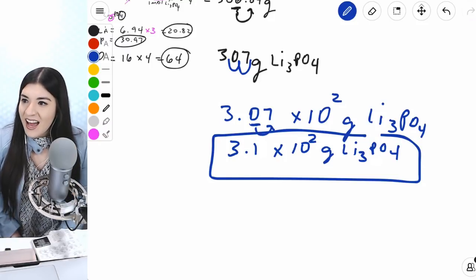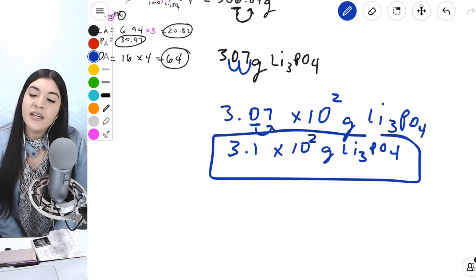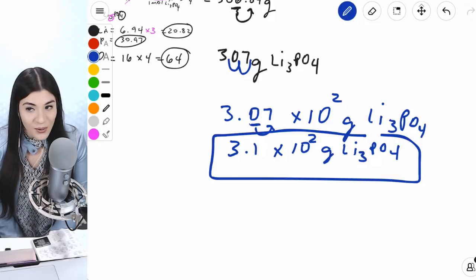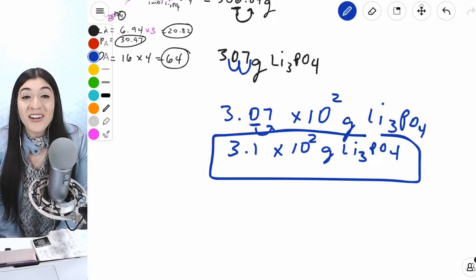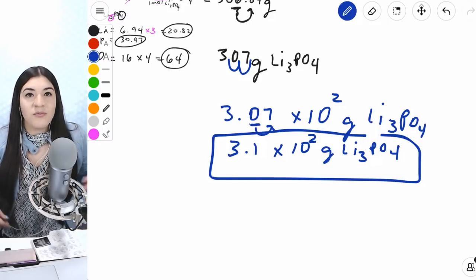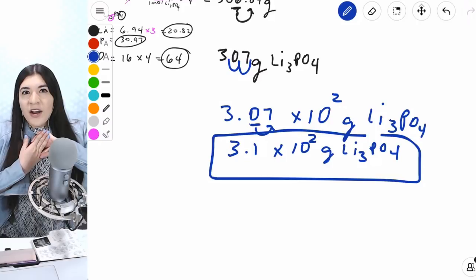All right. Next question. I have Trey saying, do you have any tips or tricks for the AP Chem exam tomorrow? Okay, so I know a lot of you guys are actually taking your AP exams tomorrow, so good luck with that, absolutely. My main tip is know how to use the formulas.